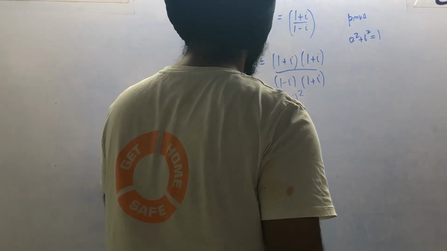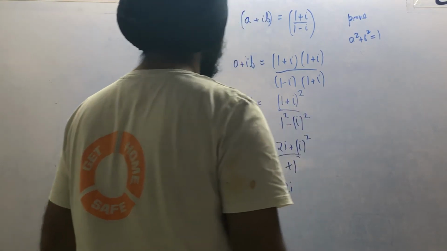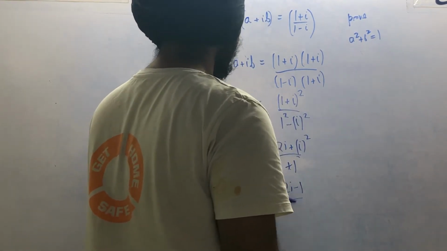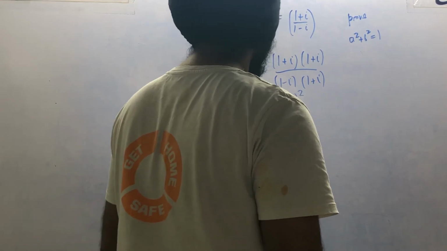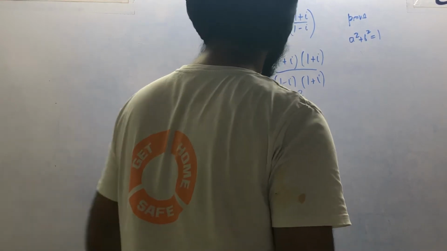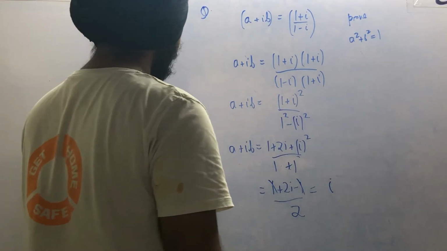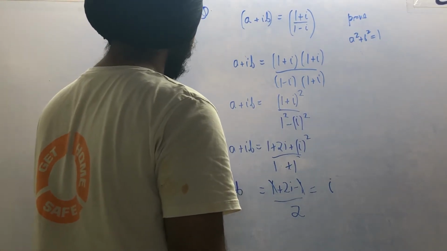This is 1 plus 2 iota, iota square is minus 1, upon 2. So this is how much? 1 1 cancel, so 2 iota upon 2 is iota. Okay, so this was equal to a plus iota b.